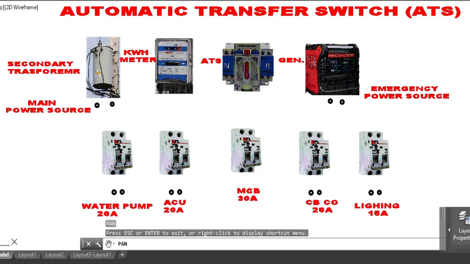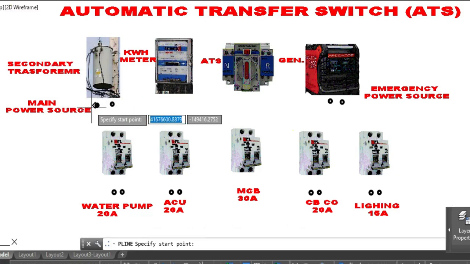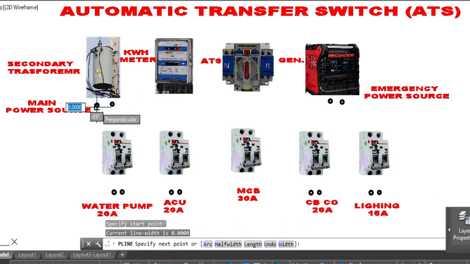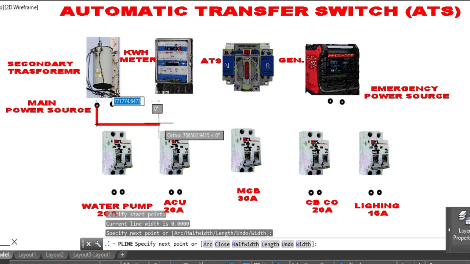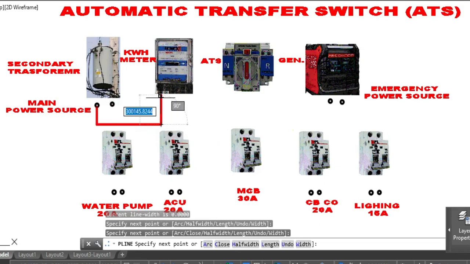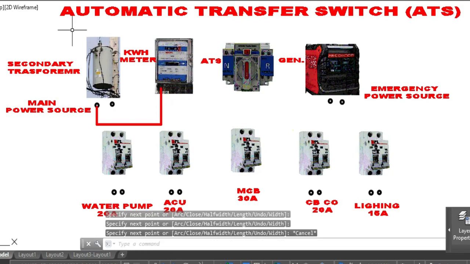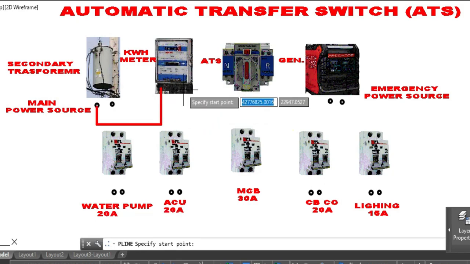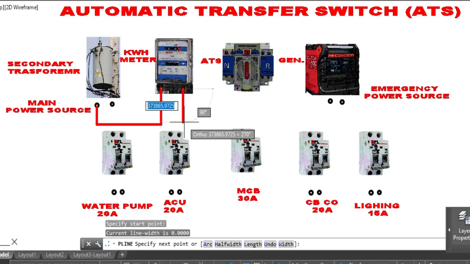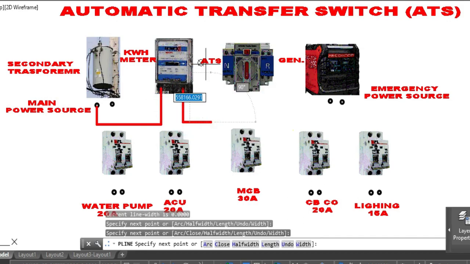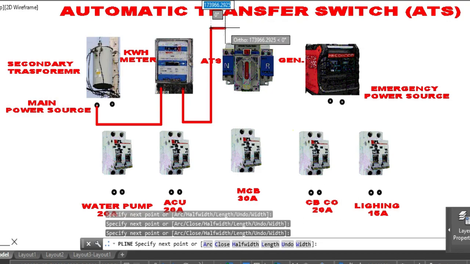Let us start now. We take line 1. Line 1, we have to connect from the main power source to the line side of the kilowatt hour meter, and then from the kilowatt hour meter, it will be connected to the line side of the ATS.